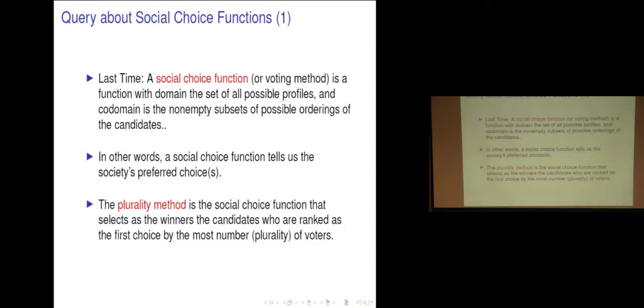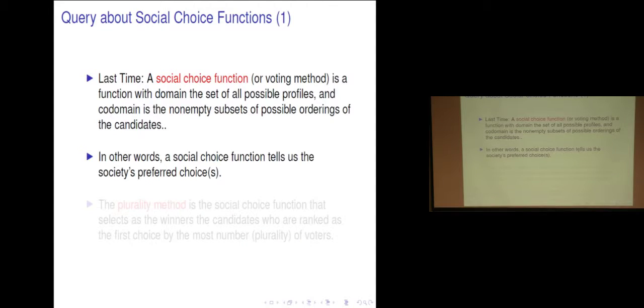The social choice function has a domain of all possible profiles, so if you have a way to choose a candidate for 5 people, then you have a way to choose for 4 people, 3 people, 2 people. It's systematic, a family of methods.